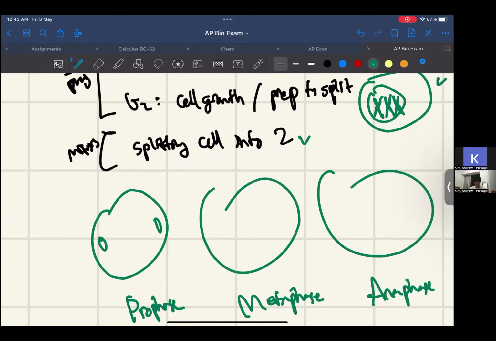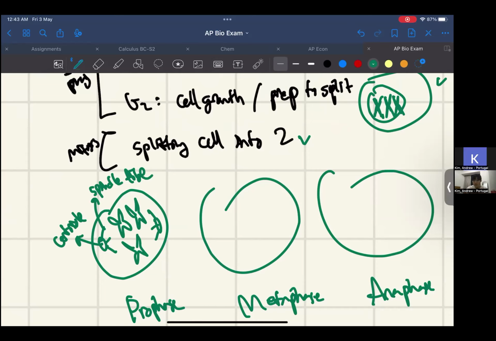Centriole will appear, and you will have your chromosomes like this, right? So in prophase, nothing big happens. Centriole appears, and spindle fibers, these small lines, will start coming out from the centriole, okay? So centriole is where the spindle fiber comes out from, okay?